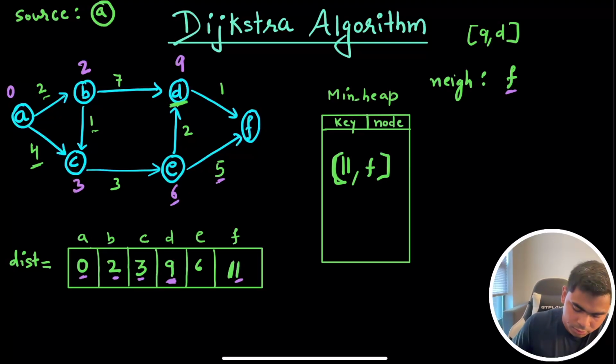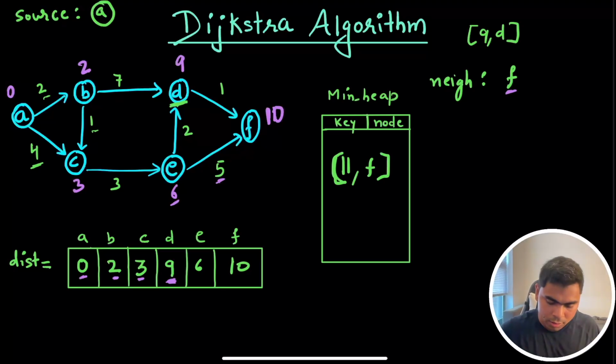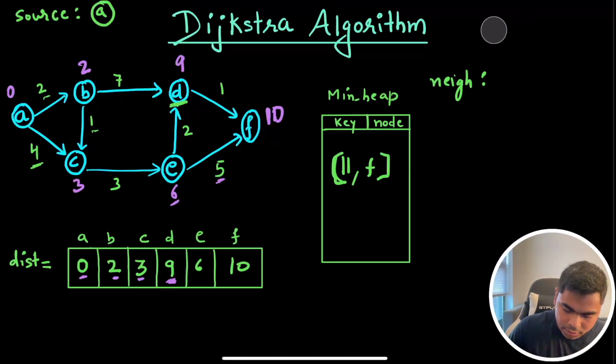Right now the distance is already 11, but 9 plus 1 is 10. 10 is less than 11, so I'm going to update this with 10, and this also becomes updated 10. Now this is done visiting. I'm not going to append F anymore because F is already present, but this distance has been updated to 10.